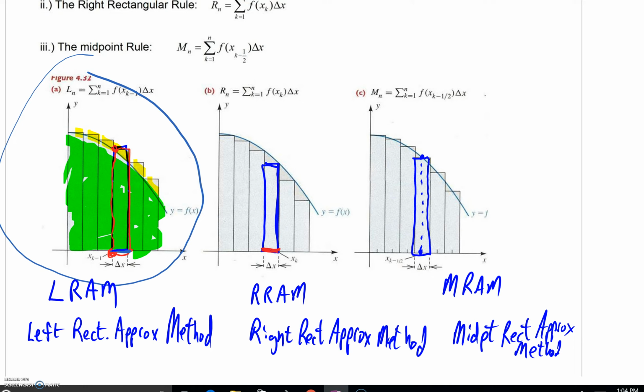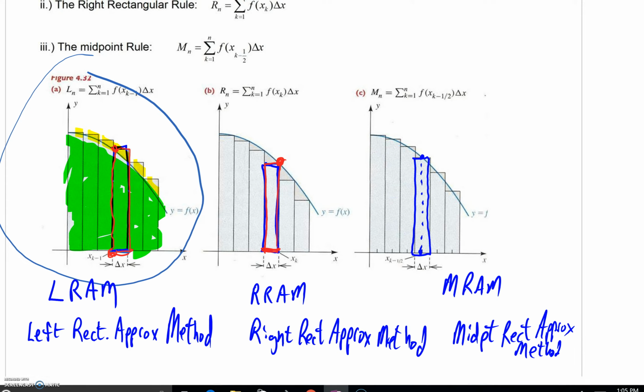As you look at one rectangle, I know my base is always delta x. It's always b minus a all over n for each and every one of those rectangles. Same base. But now what about the right endpoint? What if it was the right endpoint that determined how tall my rectangle really went?